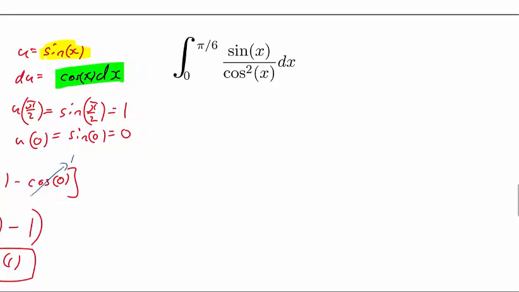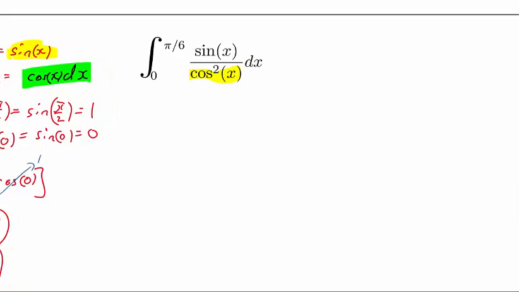Alright, so this one, you should see that the u is simply going to be this cosine of x. And so du is negative sine of x dx. Let's go ahead and move that negative over right now while we're thinking about it.